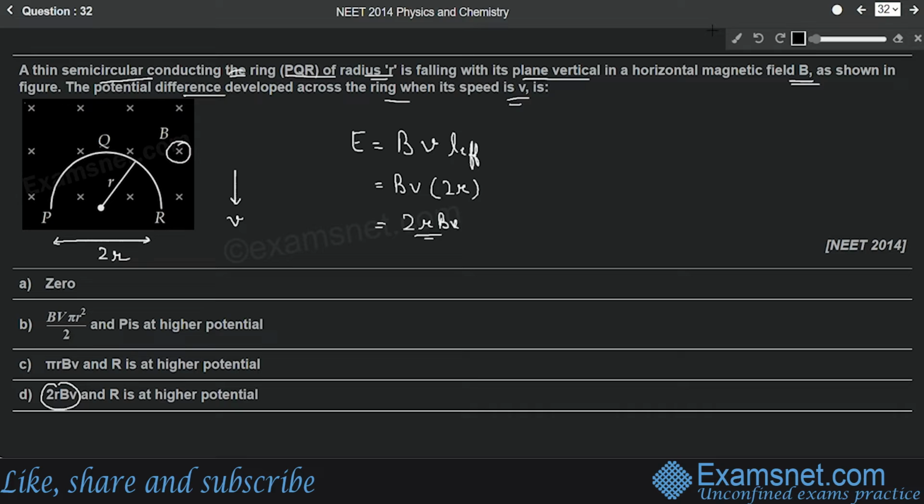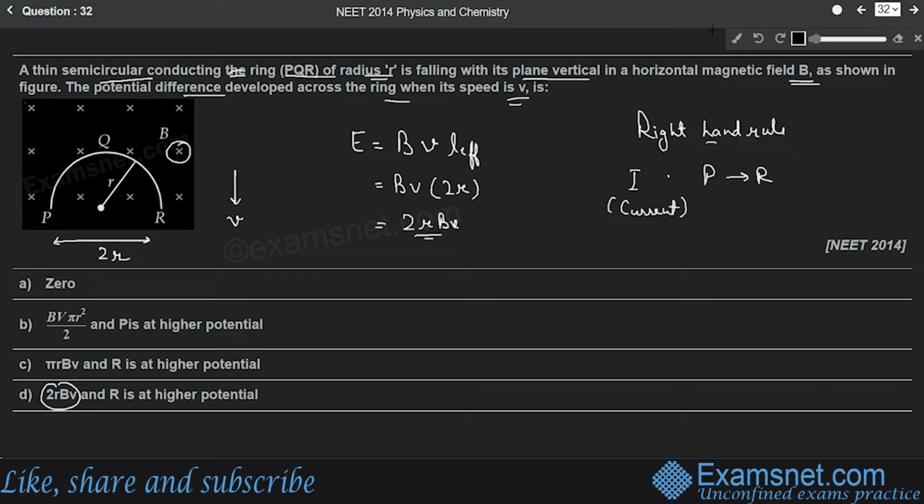But we also have to determine the point that is at higher potential, so we can apply the right hand rule to this. If you apply this rule in this case, you can find that the direction of the current will be from P to R. Okay, I is the current here.